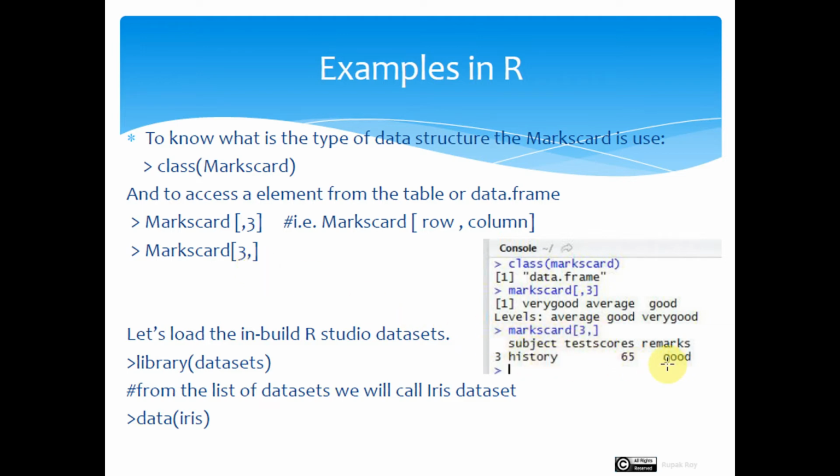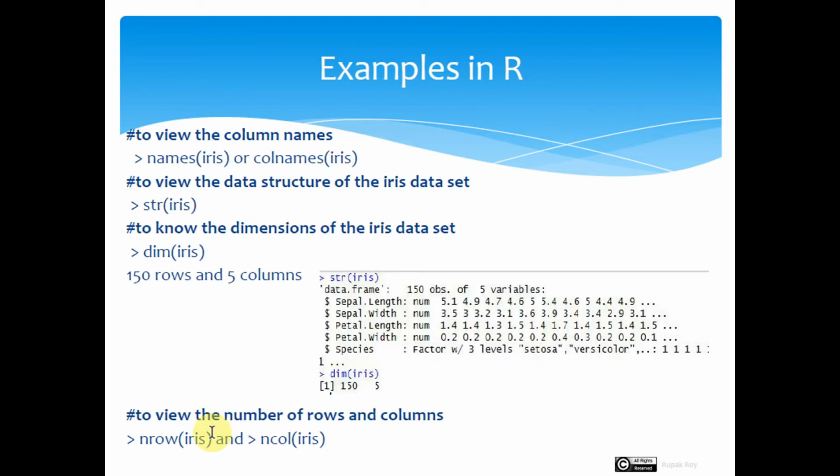The same goes with the next one, except this indicates rows. R comes with pre-installed datasets for practice and debugging purposes. So we will load the iris dataset for our practice. To view the column names of the dataset, type the dataset inside the names or colnames function. To view the data structure of the dataset, simply type structure, str in short, and the same goes if we want to know the dimensions of the dataset.